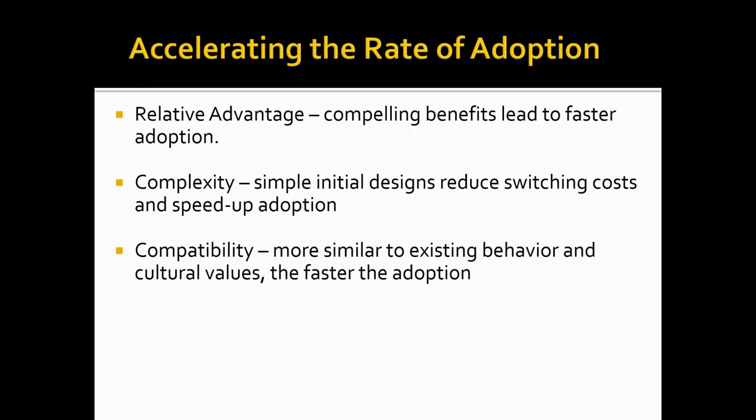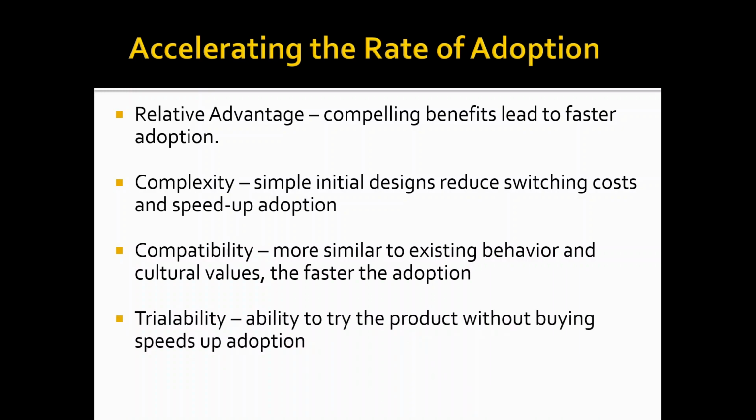And remember, compatibility includes both our behaviors of how we do things, but also our cultural values. So perhaps using cannabis, especially for adult use or recreationally, may be tough for some people because of their current values. So how do you help them adjust their values to speed up the rate of adoption?